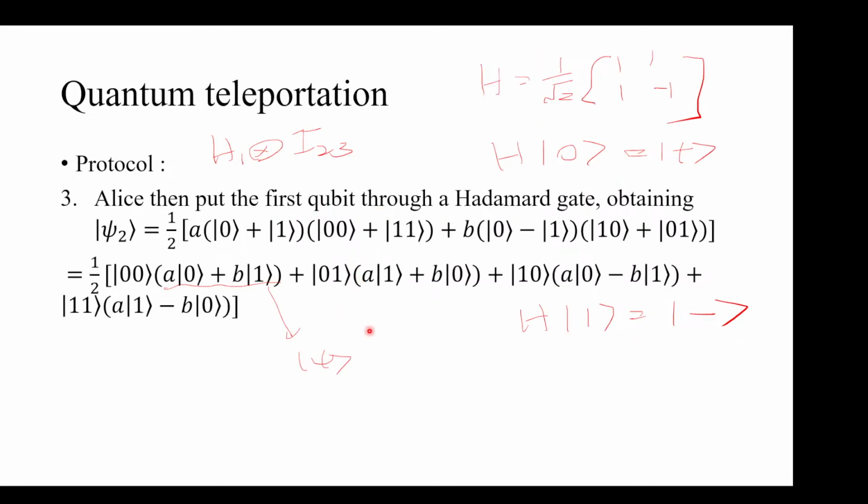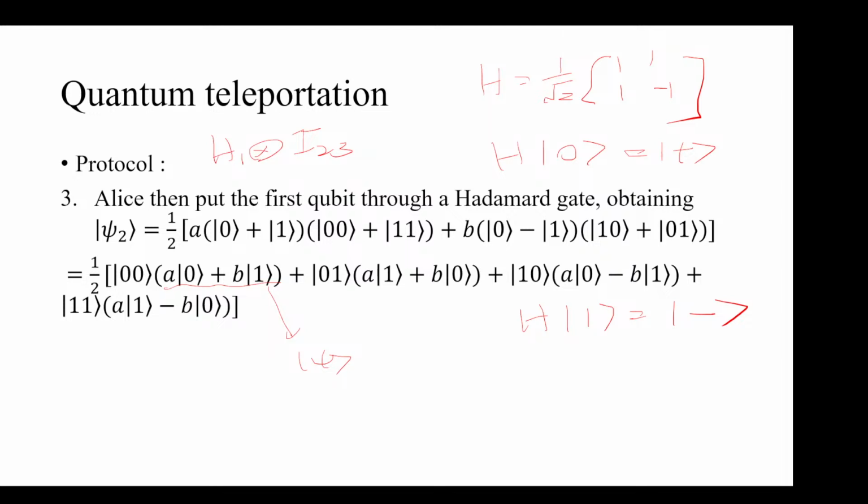But if you have the projector on all the other 3 states, then the inner product will be 0, just because the computational basis states are orthogonal to each other.